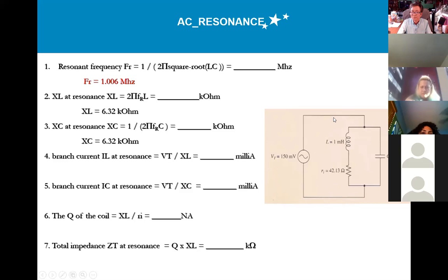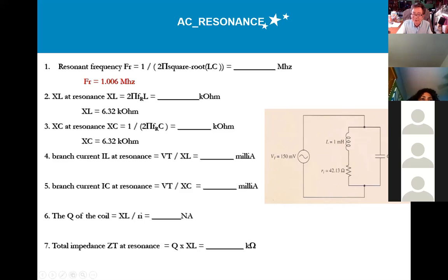You get IL, you get IC, opposite. So the current total equals 0? Exactly. Normally, they do not call it the total current, but the line current. However, IL is not 0. IC is not 0. The branch current still has current. However, the line current will be 0.